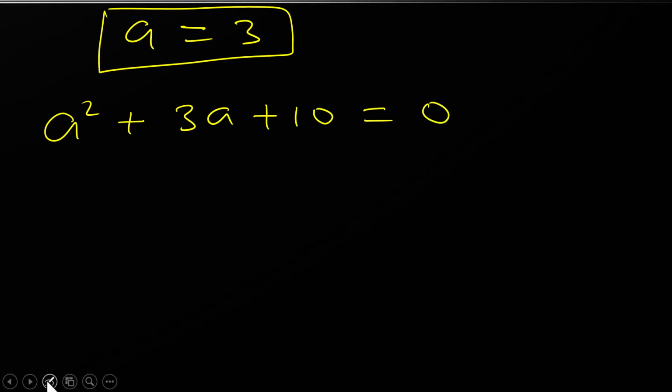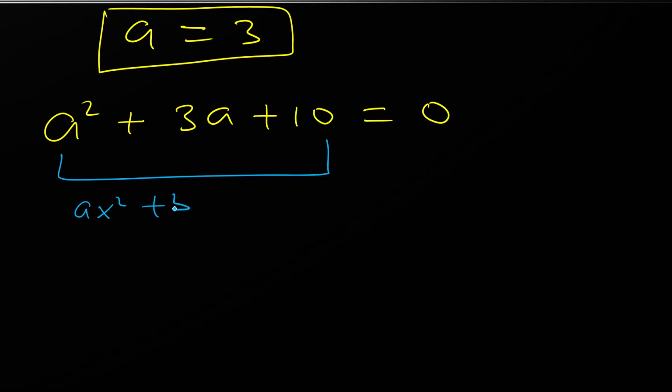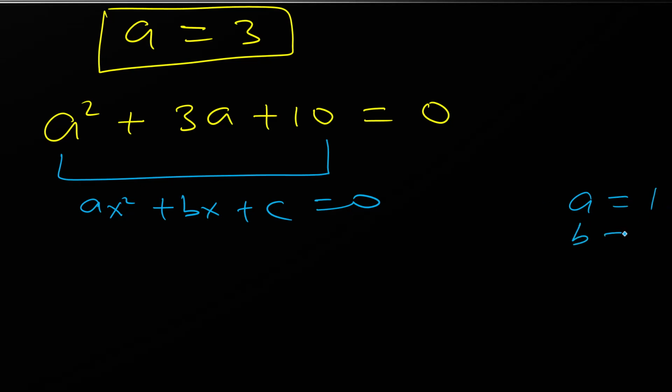So let's compare this one with the general quadratic equation ax squared plus bx plus c equal to 0. a is 1, b is 3, and c is 10.